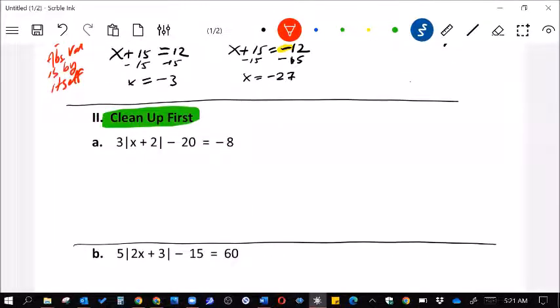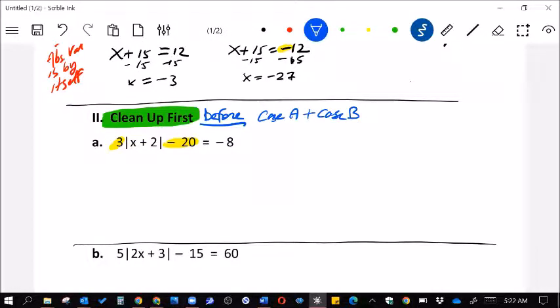Here it's not. We have here a -20 and a times 3. We have to get rid of those first before we do case A and case B. Okay? Must clean it up first, before case A and case B.